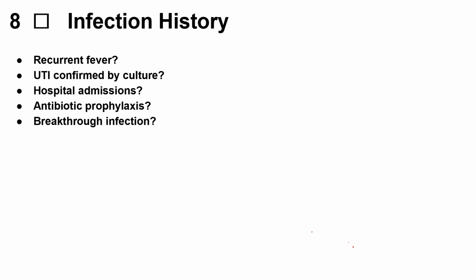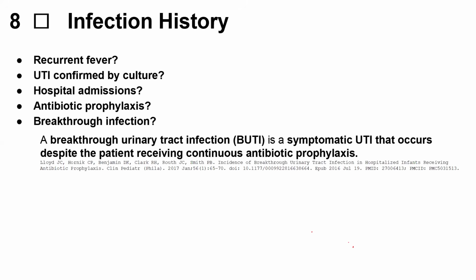History of infection: recurrent fever, UTI confirmed by culture, hospital admissions, antibiotic prophylaxis. Was there any breakthrough infection? The definition of breakthrough infection is a symptomatic UTI that occurs despite the patient receiving continuous antibiotic prophylaxis.